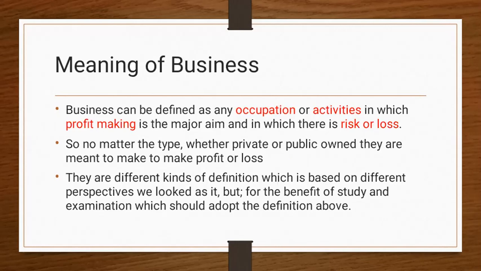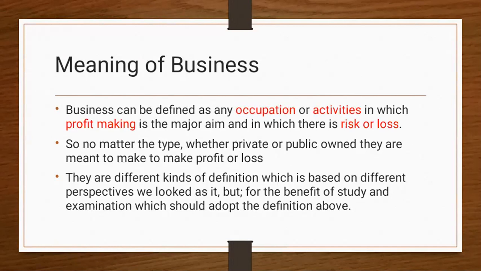But there are some particular organizations that are public, and their main aim is to make profit. Let's take for instance LASTMA and the likes. Their main aim is to make profits at the end of the year. But if you look at their source, it is public oriented.